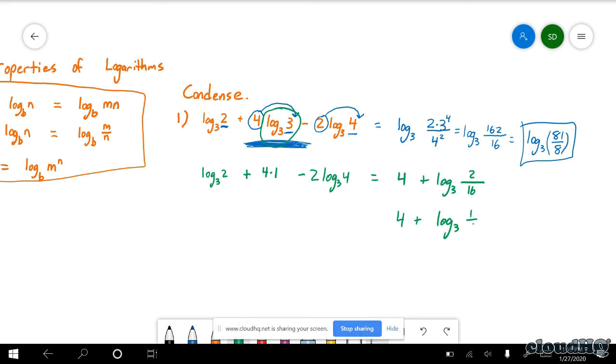So is that necessarily any better? Does it look any nicer? Maybe, maybe not. I still don't necessarily know what log base 3 of 1/8 is, but it's something smaller inside the log. So that would have been okay. If you would have noticed that, awesome, more power to you. But no worries if not. I'm going to go ahead and erase that and leave the first answer we had.